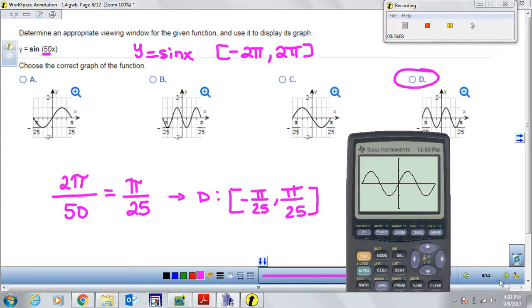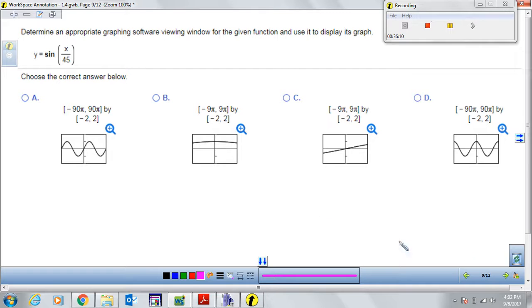Okay. Next one, same thing. Let's determine what's going to be the number we will use for the x-axis. So again, it's the same function, so 2 pi divided by what's the number in front of this? You can rewrite it in this form, 1 over 45 x, right? Whatever the number is, multiplying times the x.